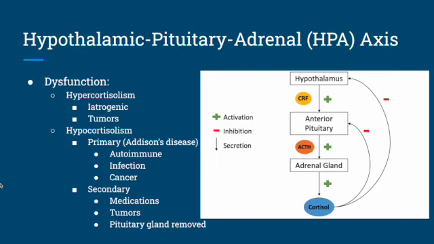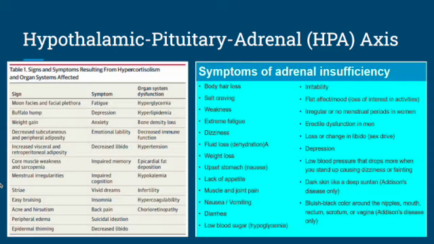And then tumors can also do this, as well as sometimes if the pituitary gland is removed for some reason, like a tumor, making it so that the sort of middle part of this HPA axis is non-existent, and so then we'll sometimes need to bypass that by just providing exogenous cortisol via medications.